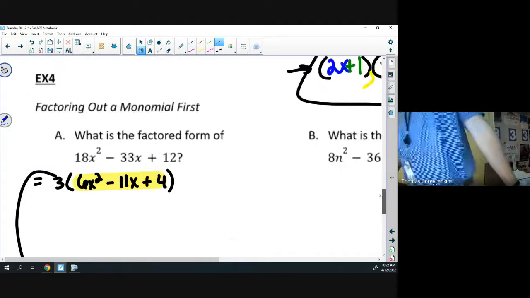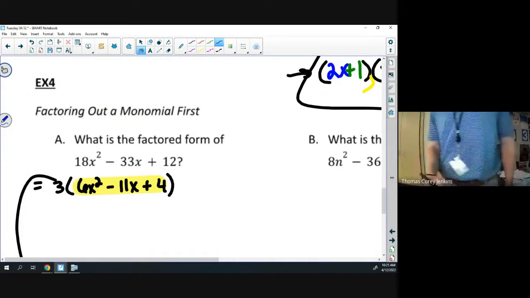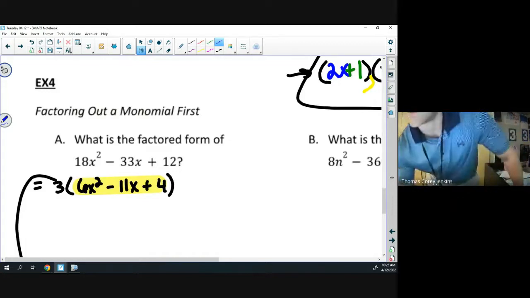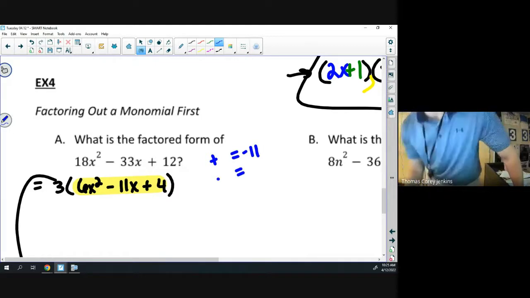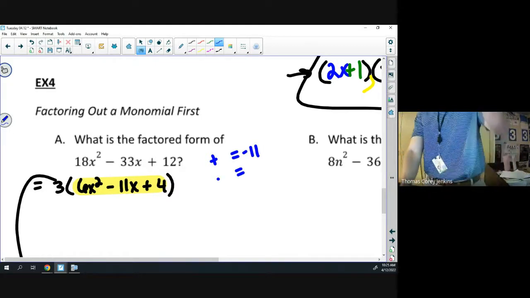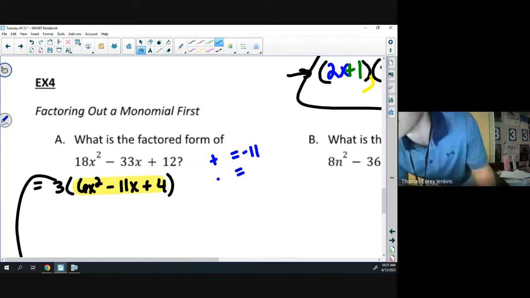So we want to know first, and you can't do anything without these numbers, what adds up to negative 11, because that's B, and also what multiplies to not 4, but what multiplies to what? What do we want? We don't want 4. We want 24. 4 times 6. Good.